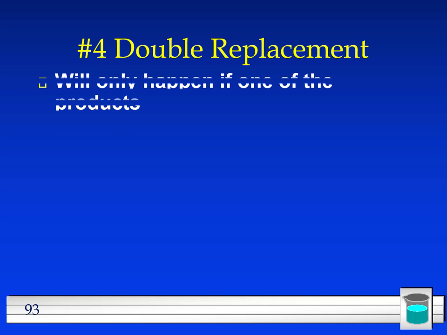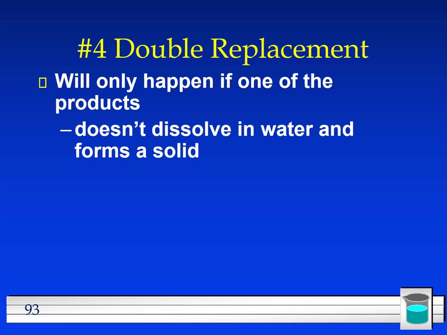Okay? So what we have to look at is the products. So we write the equation and see what the products would be. And it will happen if one of these three things is true. You look at one of the products will not dissolve in water. And that forms a solid, and that solid is called a precipitate.